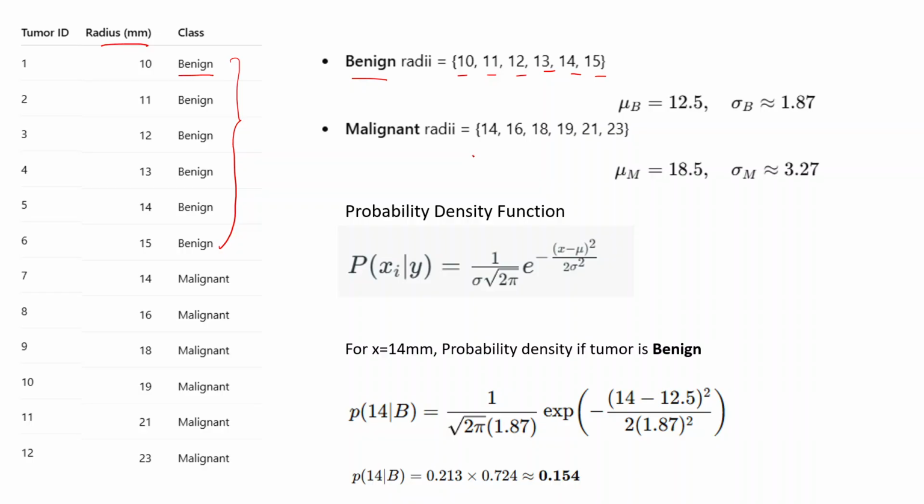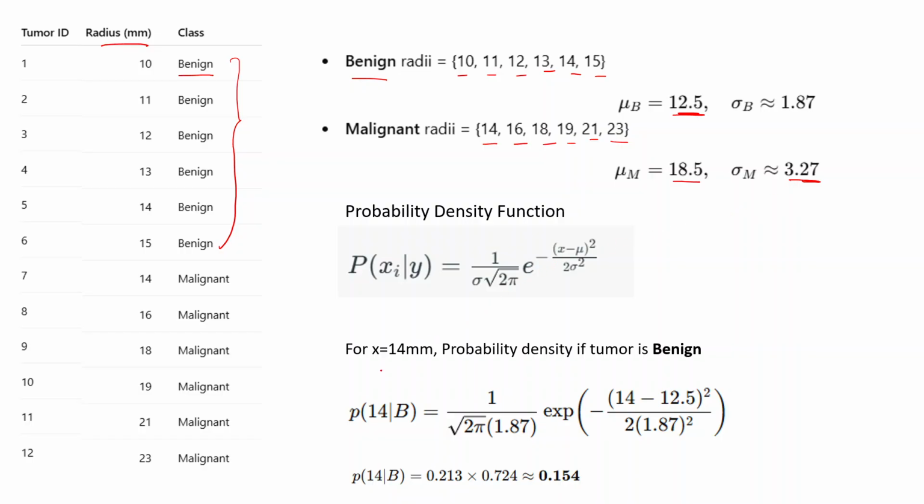Similarly, for the other radius values 14, 16, 18, 19, 21 and 23, it has been decided as malignant. For these two classes, when we calculate the average for the benign case, the mean value comes out as 12.5, and the standard deviation is 1.87. Similarly, for the malignant, the mean value is 18.5, and the standard deviation is 3.27.